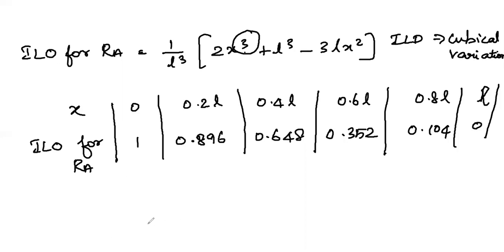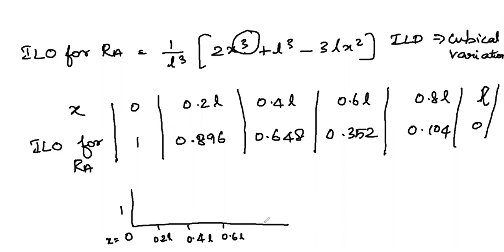First, I am going to plot these values. When x is equal to 0, the value is equal to 1. So at the point x equal to 0, you found this value as 1. Next, x is equal to 0.2L, next x is equal to 0.4L, here it is 0.6L, 0.8L, and here it is L. For everything, I am going to plot the values.